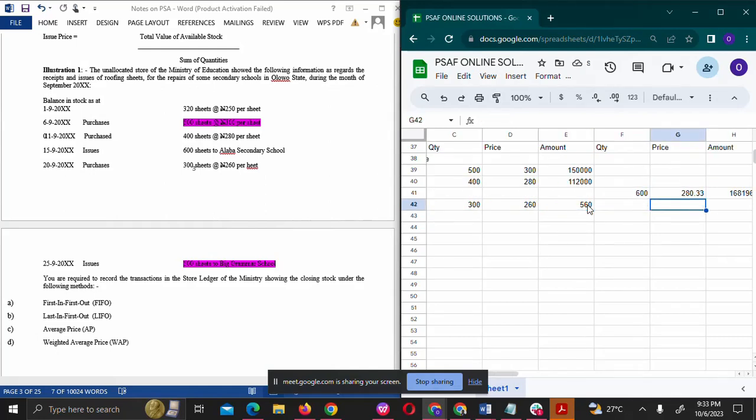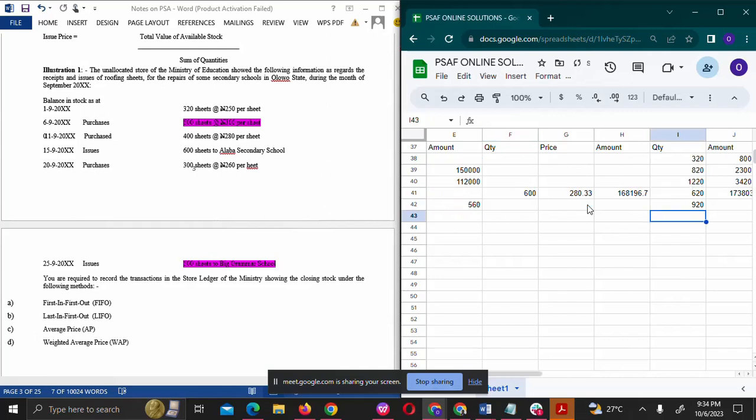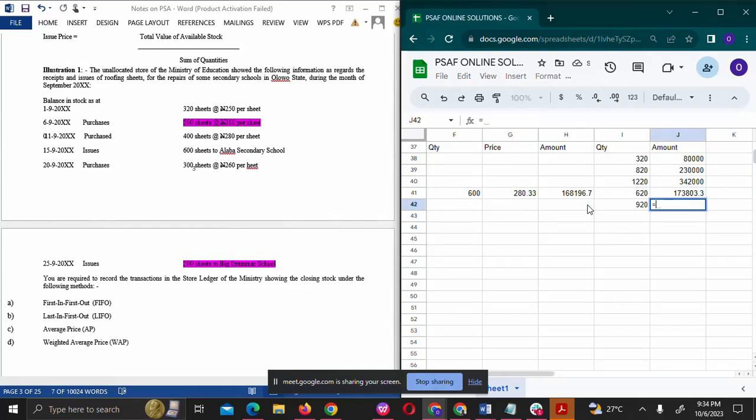And so the balance will be 620 plus 300, and for here you have 173,802 plus, sorry, all you have here should be times.